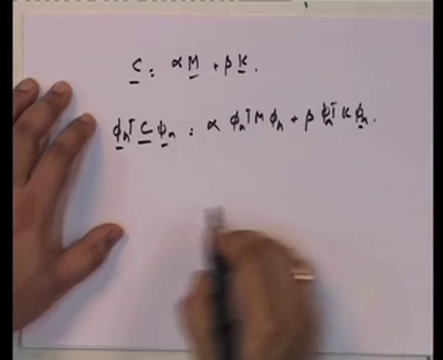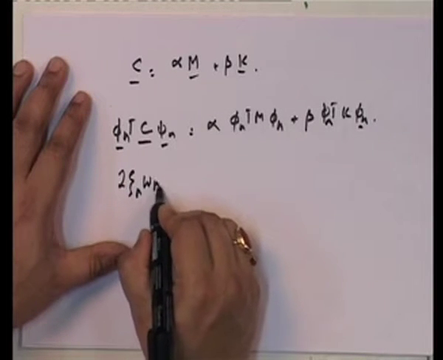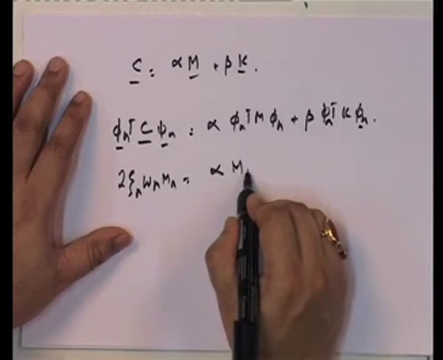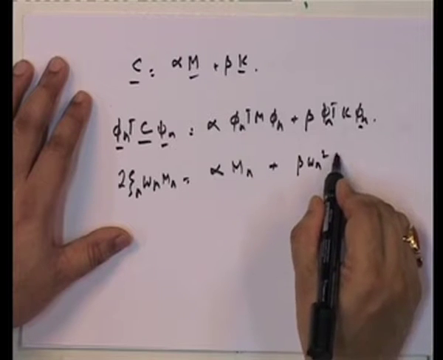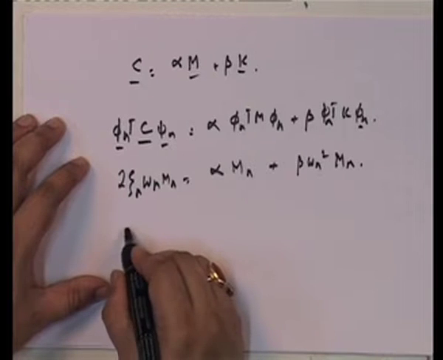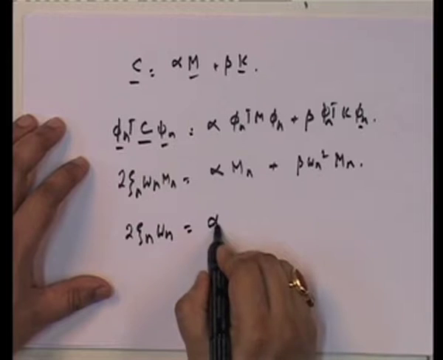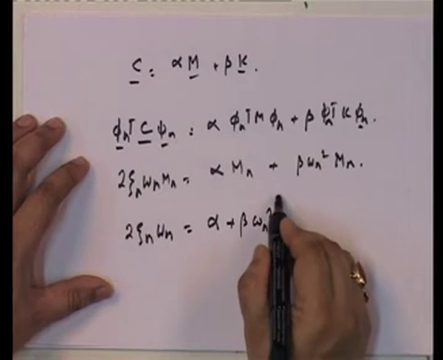Now, this is equal to 2 xi n omega n m n, which is equal to alpha m n plus beta omega n squared m n. So, let us get rid of m n. What we get is 2 xi n omega n is equal to alpha plus beta omega n squared.